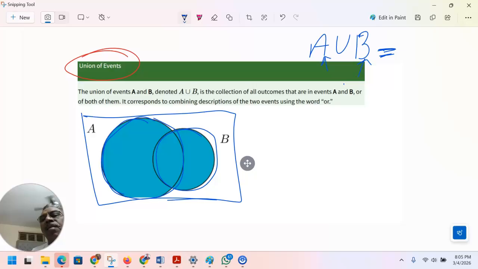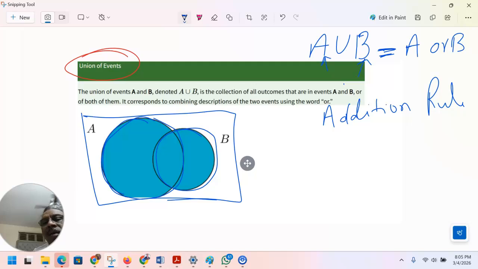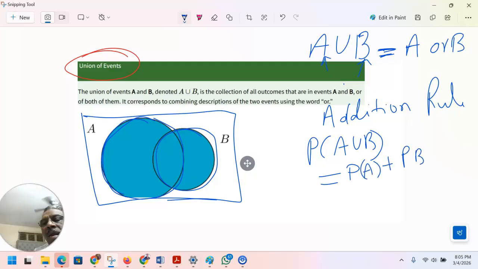That's what A union B means, or another way to write it is A or B. There is an addition rule to find this probability. What is that rule? The probability of A union B is the probability of A plus the probability of B, and then you have to subtract the cards which are common to A and B.